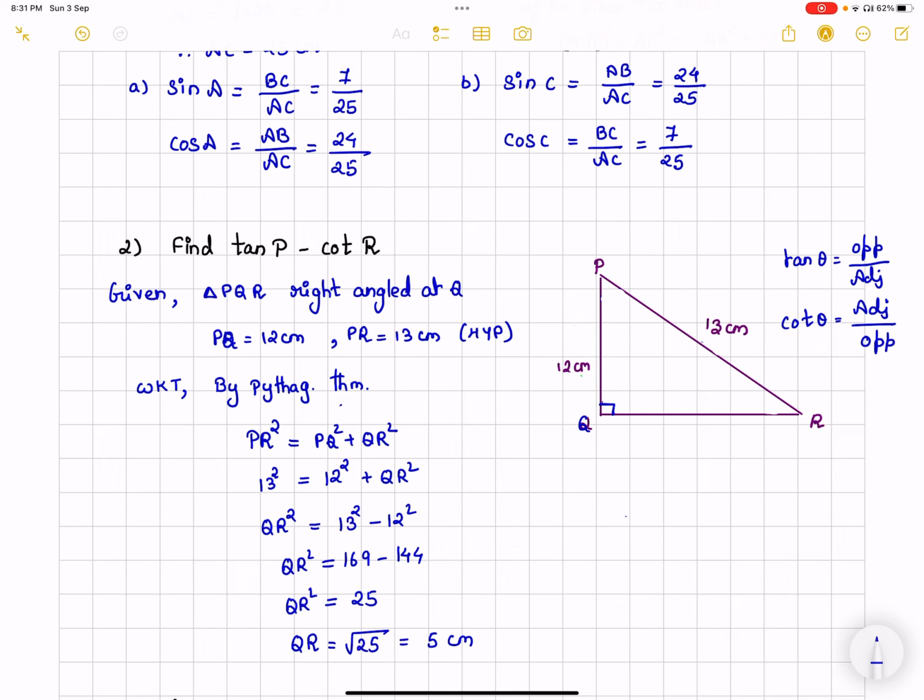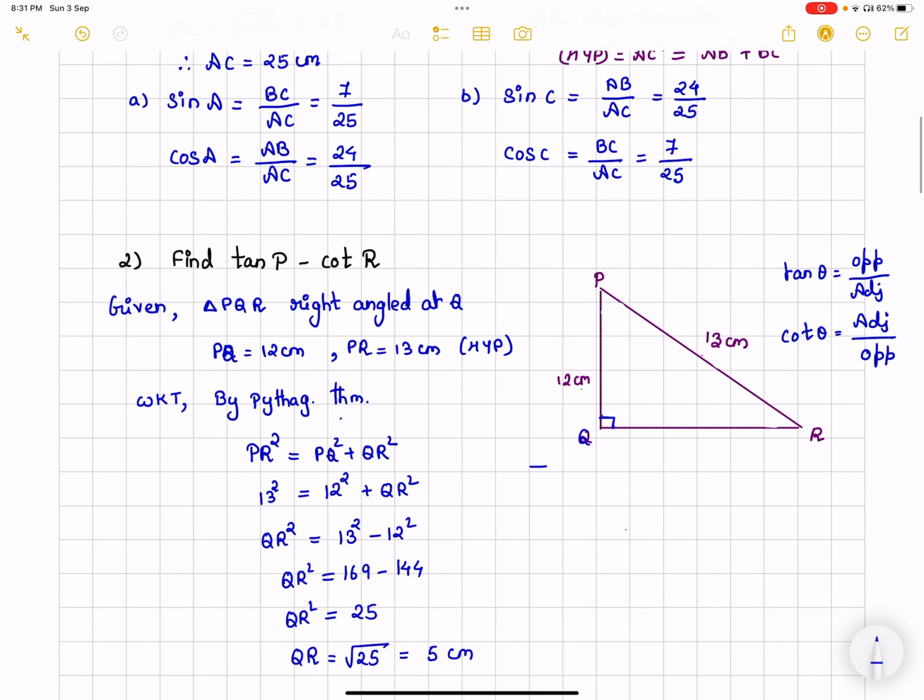Now let's go ahead and find out. So we need tan P. For this particular angle, the opposite side which we found just now is 5 centimeter. So it's going to be QR divided by my adjacent side PQ, which is 5 by 12.